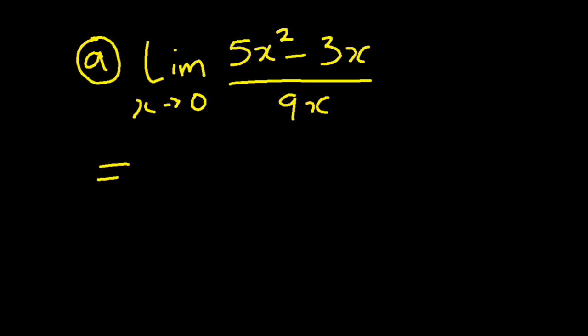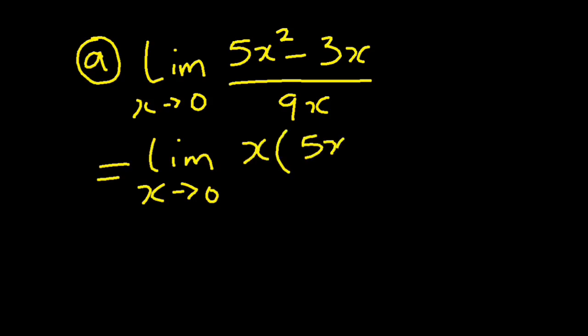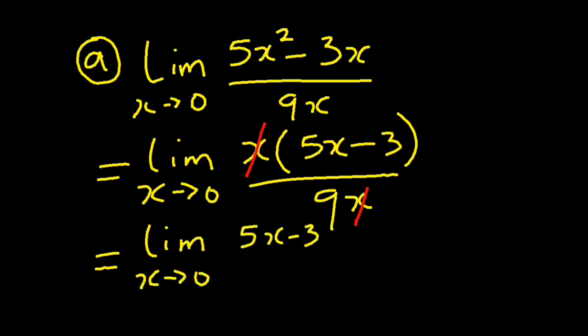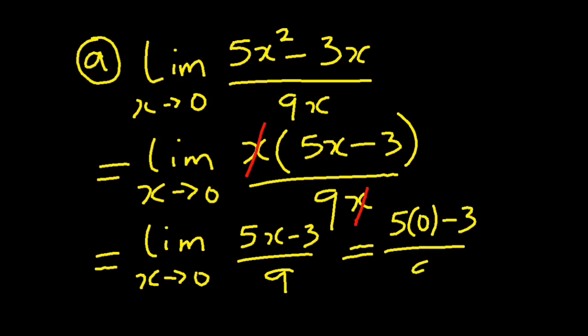Therefore, this will be equal to the limit when x tends to 0 of x into 5x minus 3 over 9x. So we cancel x. This will remain the limit when x tends to 0 of 5x minus 3 over 9, which is equal to, by substituting 0 now, 5 into 0 minus 3 over 9, which is 0 minus 3 over 9.